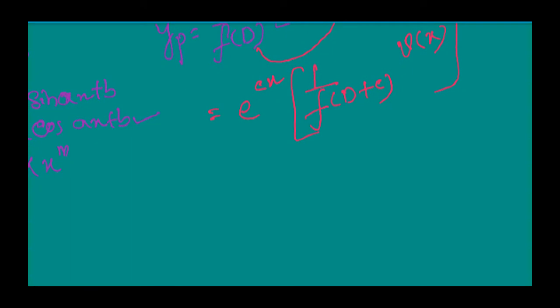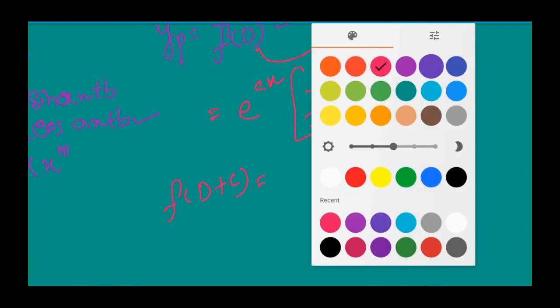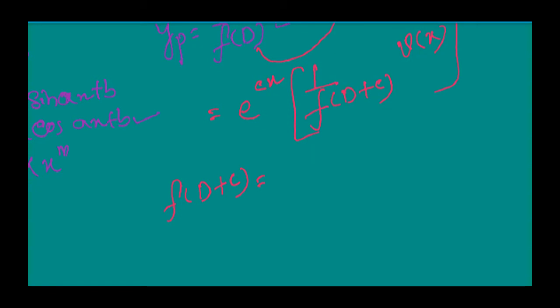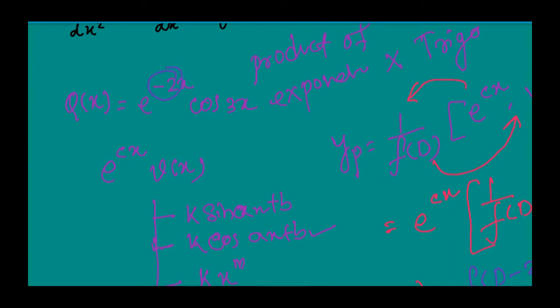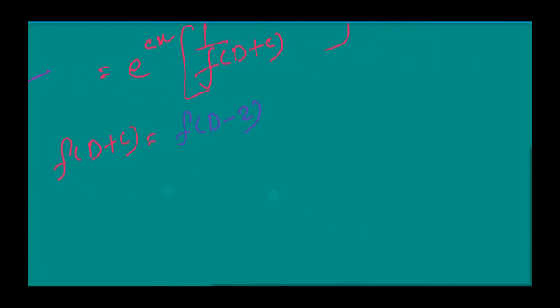So what will be f(D plus c) now? Here c is minus 2, and a is 3, so f(D minus 2) is equal to (D minus 2) square plus 4(D minus 2) plus 10.